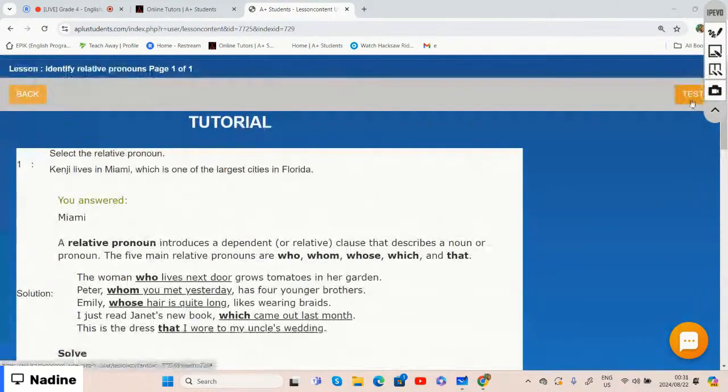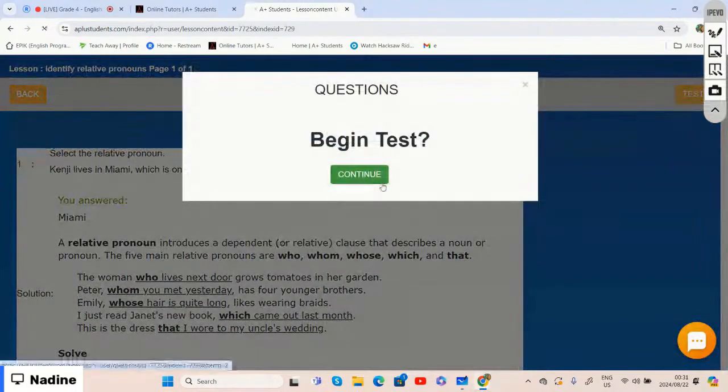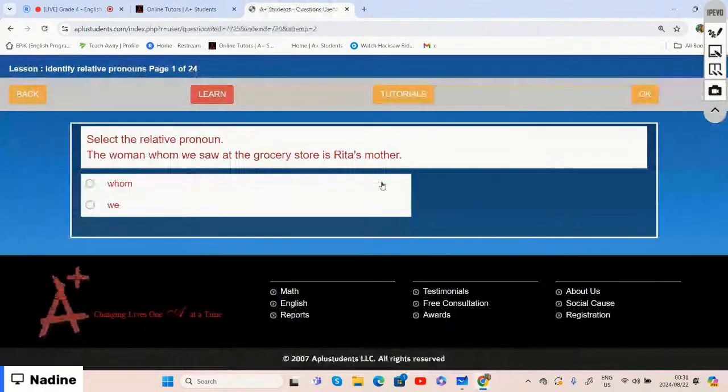Let us quickly go to our test. We need to select the relative pronoun. It says, the woman whom we saw at the grocery store is Rita's mother. We need to select the relative pronoun. The woman whom we saw at the grocery store is Rita's mother.